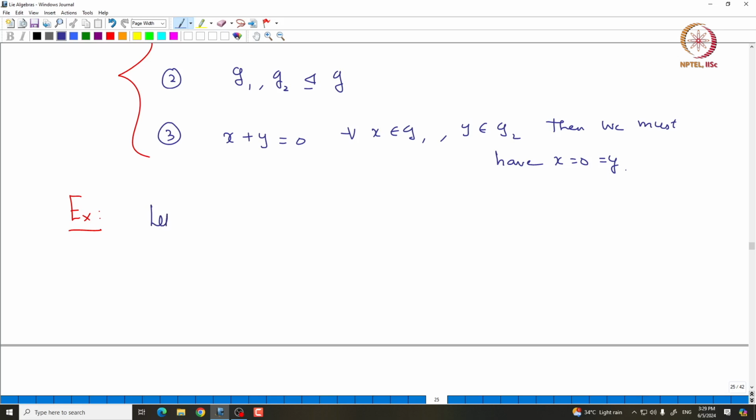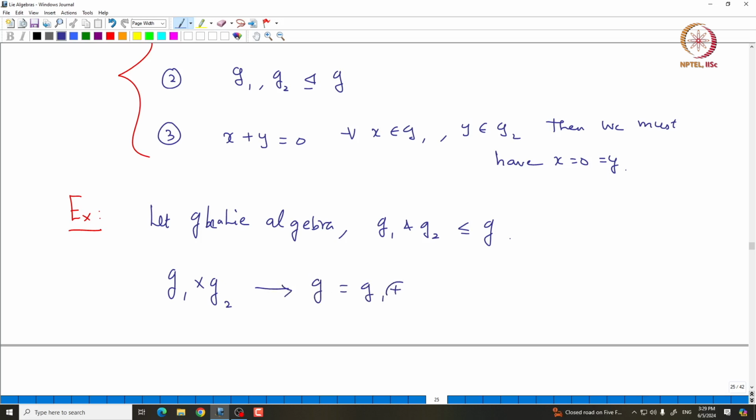Let us start with G, a Lie algebra, and G1, G2, both subalgebras of G. Then one can define a natural map from G1 cross G2 to G. Let us say G1, G2 are chosen subalgebras such that G equals G1 direct sum G2.